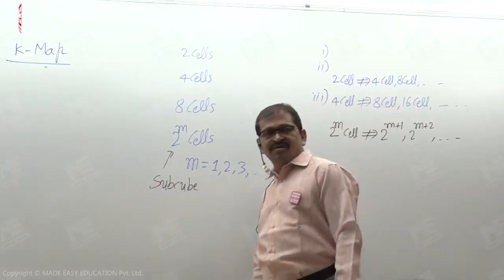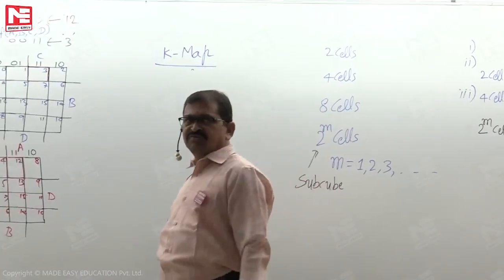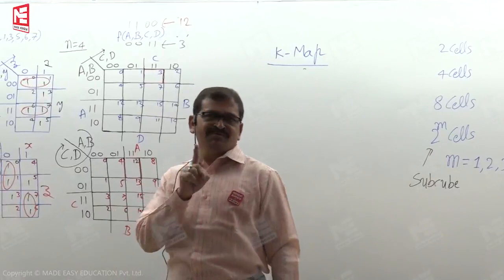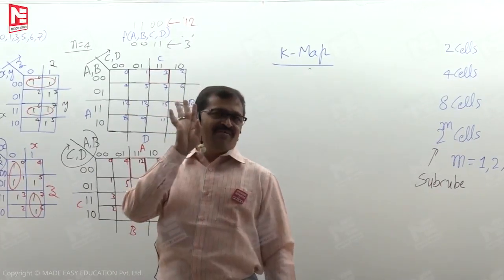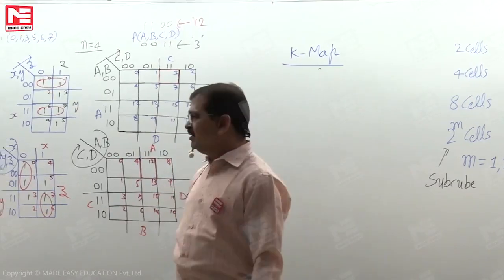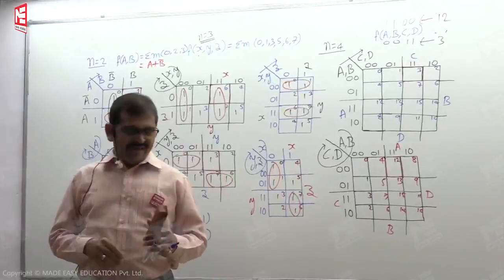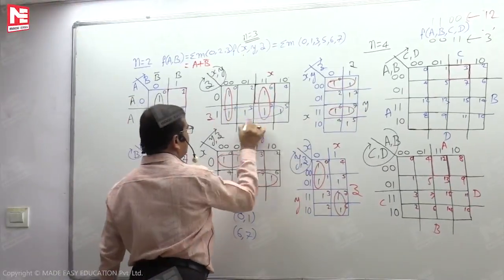Let us come to our example of the 3-variable function. In this 3-variable function, we have the possibility of one 4-cell subcube. The 4-cell subcube we can see here is 1, 3, 5, 7.